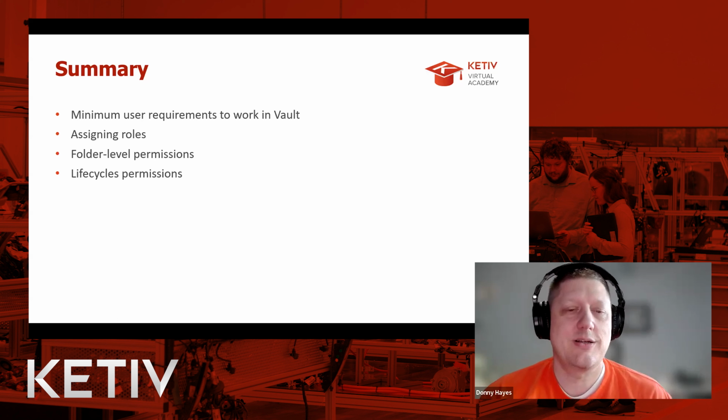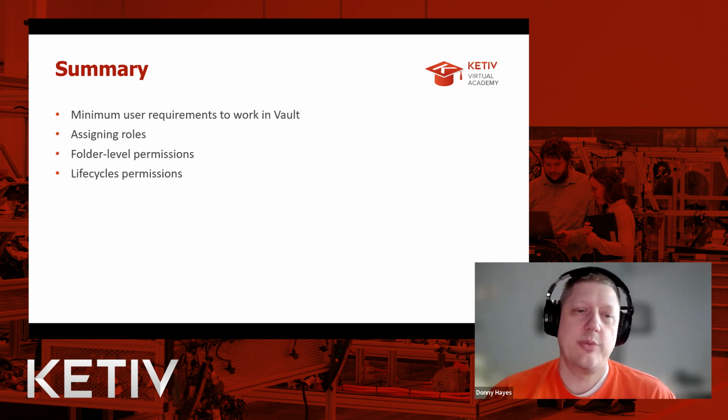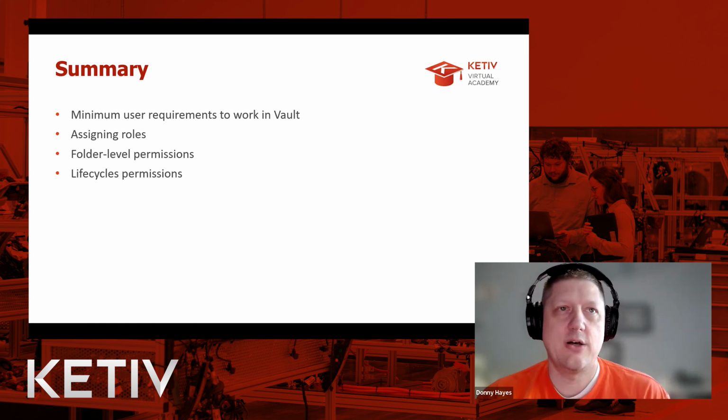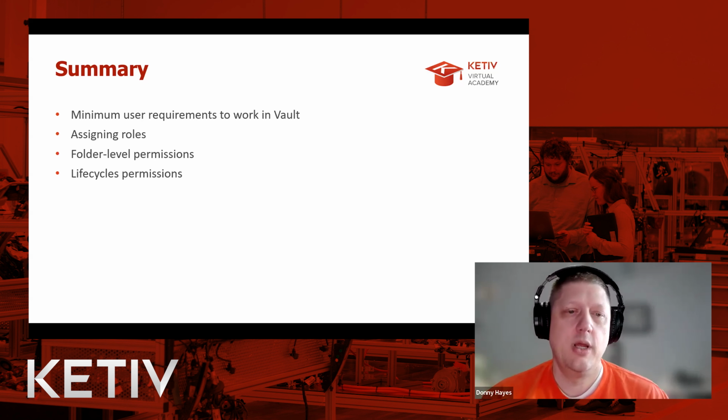It can cause problems if you add too many. And then we talked about lifecycle permissions, both at a file and an item state, that they are the same. It just depends on whether your lifecycle is associated with files or with items.